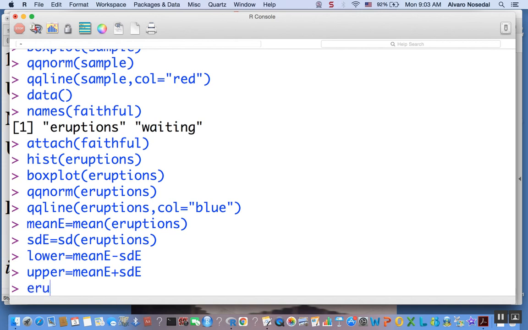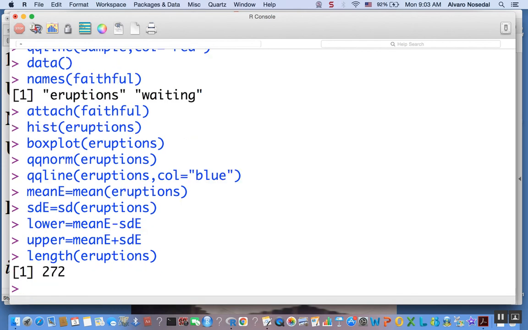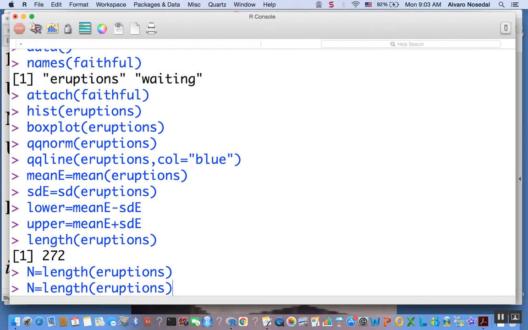So let's count for eruptions, right? First, let's see how many observations we have there. Okay, let me call that guy n. That's 272, that's a total. Now let's count how many of those observations lie between lower, right?